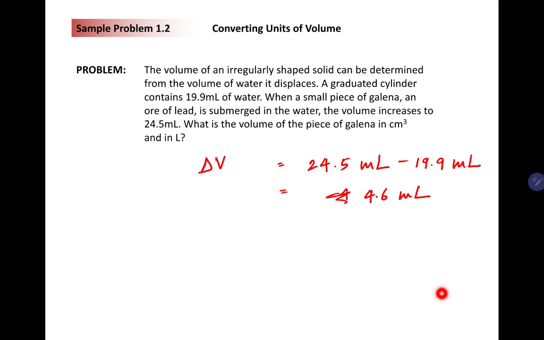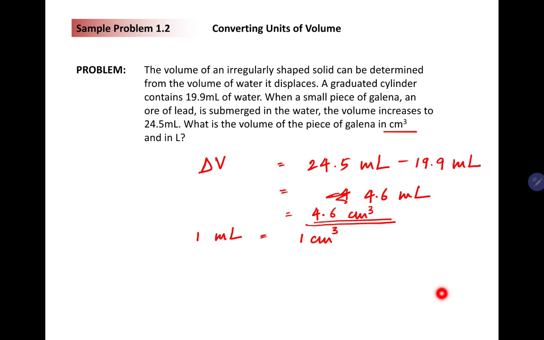But they're asking for the volume in what? In cubic centimeters. Of course, we just learned that 1 milliliter is equal to what? 1 cubic centimeter. So 4.6 milliliters is the same as what? 4.6 cubic centimeters. So we figured out the volume of the piece of galena in cubic centimeters.